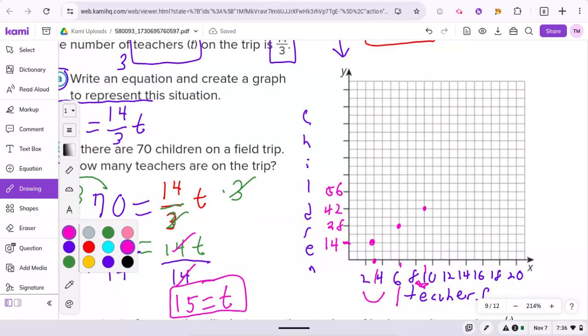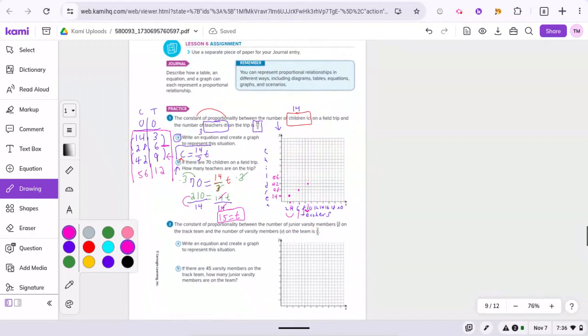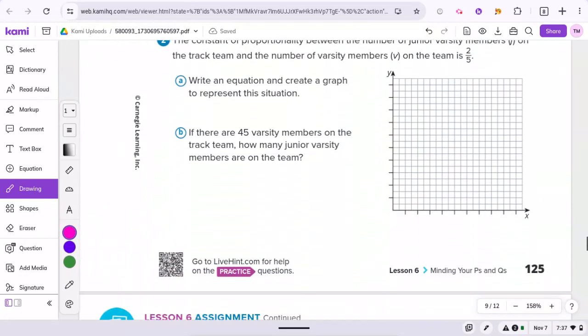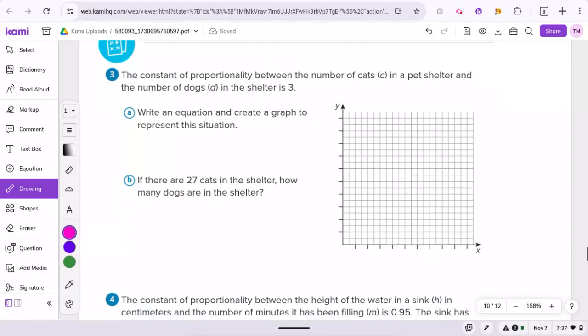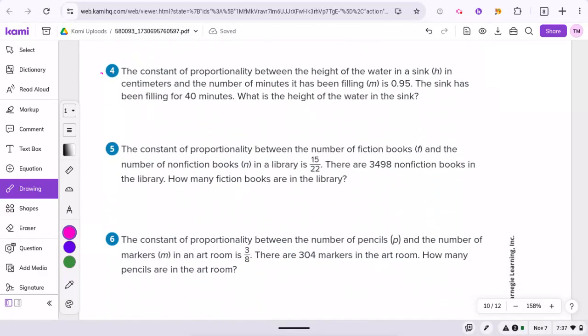And I can keep placing the dots in the proper spots on the graph. So then you'll complete number 2 and number 3. I'm going to show you a similar problem to number 4 and 5.